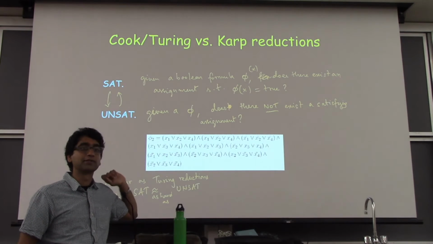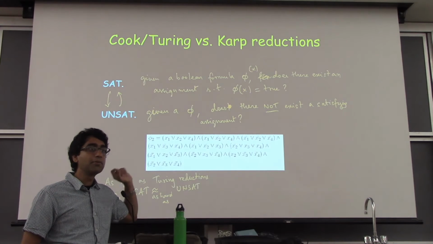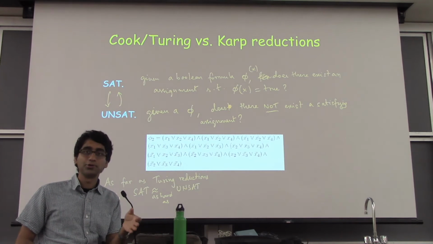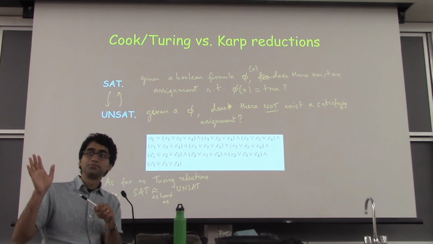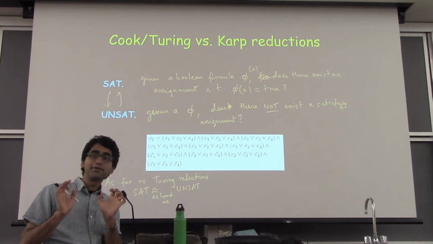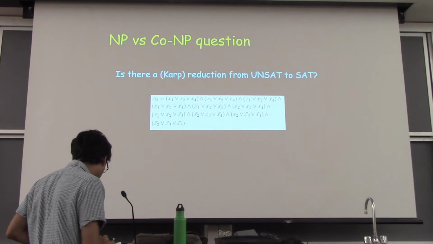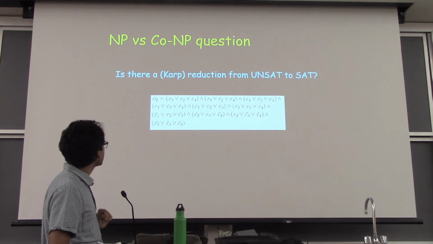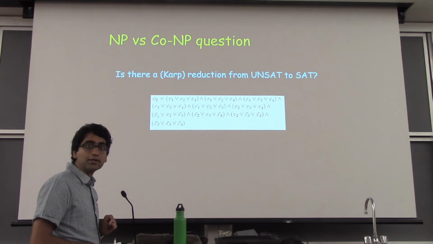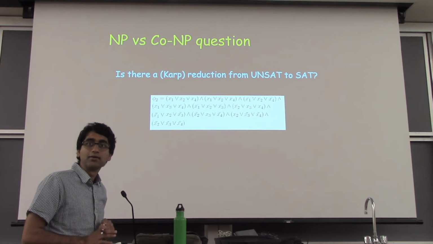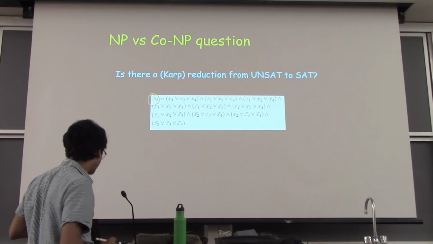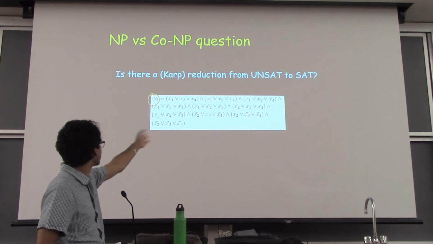But what about Karp reductions? Remember that in a Karp reduction, suppose I want you to show that I can reduce UNSAT to SAT. So this is the question you want to answer: is there a Karp reduction that goes from UNSAT to SAT? What does that mean? Let's say I am given this formula phi, with some variables x1 through x4 or whatever.